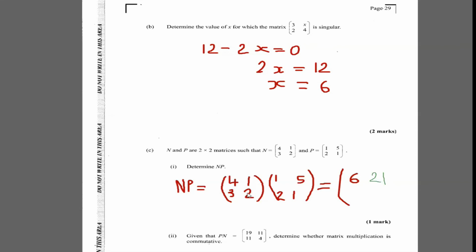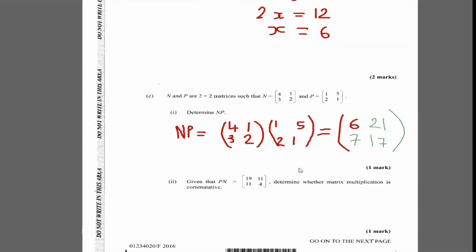Then row by column, which is 3 times 1, plus 2 times 2, that is 3 plus 4, which is 7. Then row by column, 3 times 5 is 15, plus 2 times 1, that's 17. So that would be the value of N times P: 6, 21, 7, 17.